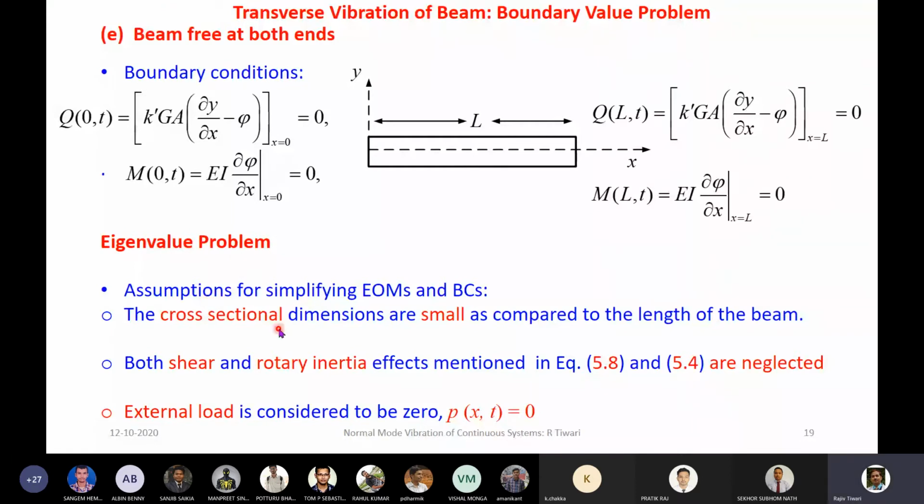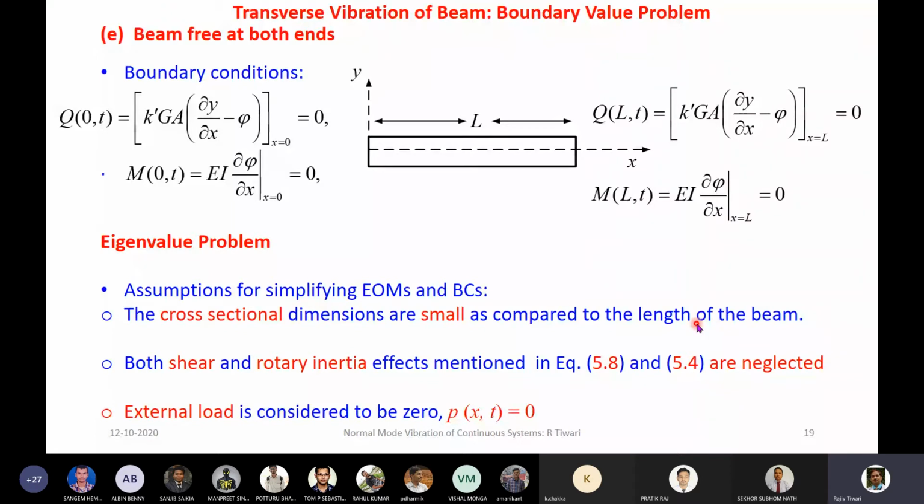So here, if the cross section of the beam is small as compared to the length, then the rotary inertia and the shear deformation can be ignored. That is very important. We can apply this Euler-Bernoulli beam hypothesis when the cross section is small as compared to the length.